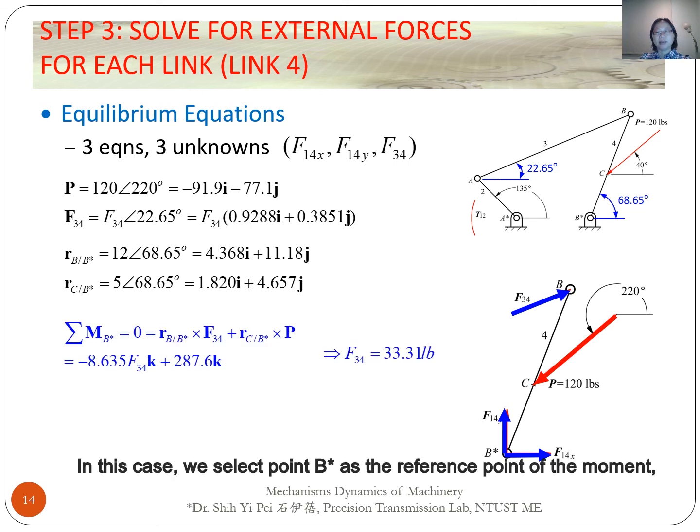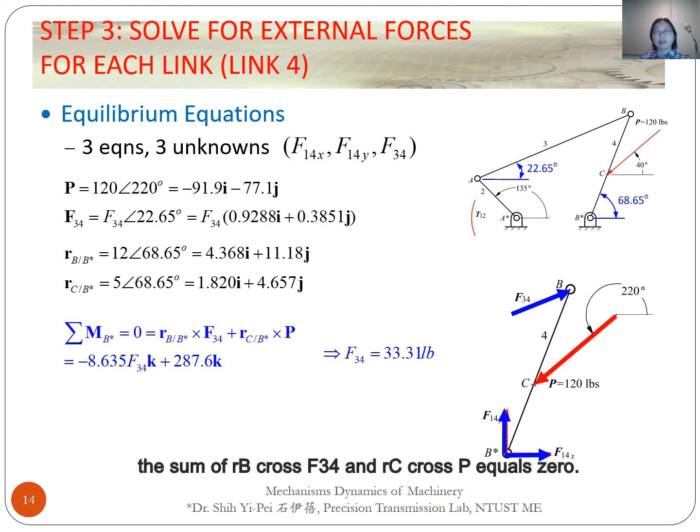In this case, we select point B star as the reference point for the moment. We can get a moment equilibrium equation like this: the sum of RB cross F34 and RC cross P equals 0. In this equation, only F34 is unknown, so we can figure out that F34 is equal to 33.31 pound force.